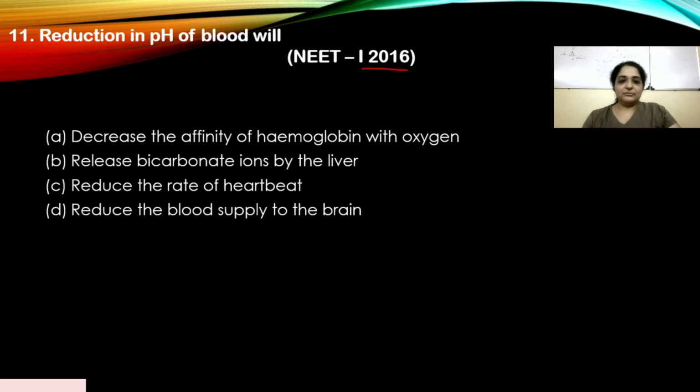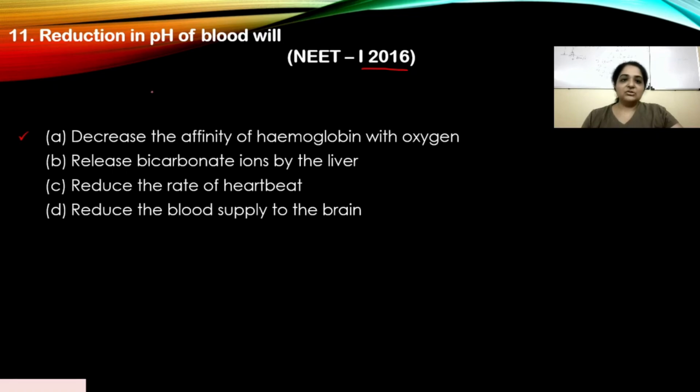A: decrease the affinity of hemoglobin with oxygen. B: release bicarbonate ions by the liver. C: reduce the rate of heartbeat. D: reduce the blood supply to the brain. Out of all the four options, A is the right option here, no doubt about that.